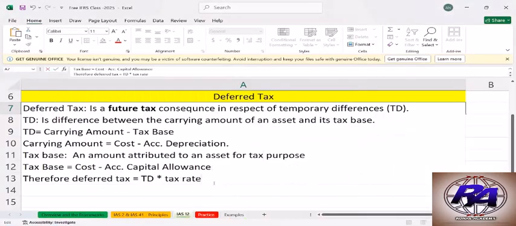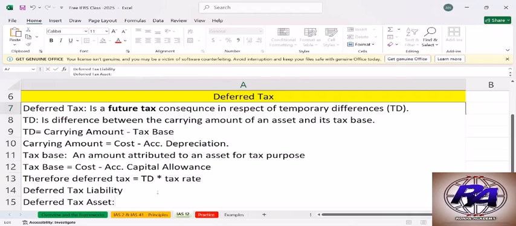There are two forms of deferred tax. One is deferred tax liability, and another one is deferred tax asset.